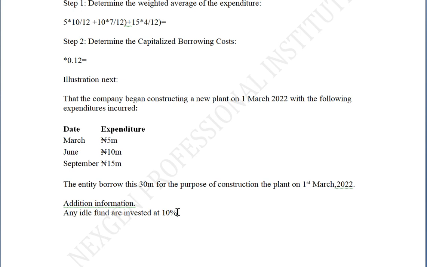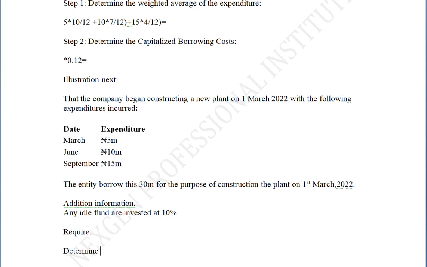Is that not so? Now, when they borrowed this money on the 1st of March 2022, they pull only 5 million naira from this amount of money for the construction. That is in the month of March. Meaning, from 1st of April to the 31st of May, the 25 million that was remaining was idle. You understand? Was idle, was not in use. But according to their additional information, any idle fund is to be invested at 10%.